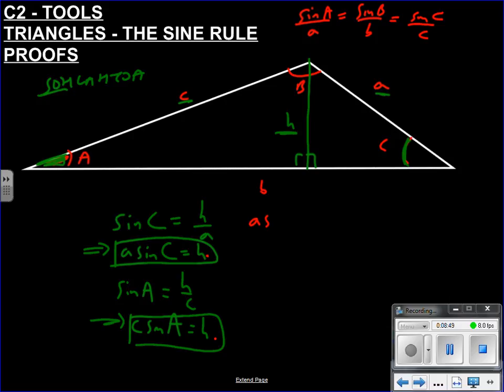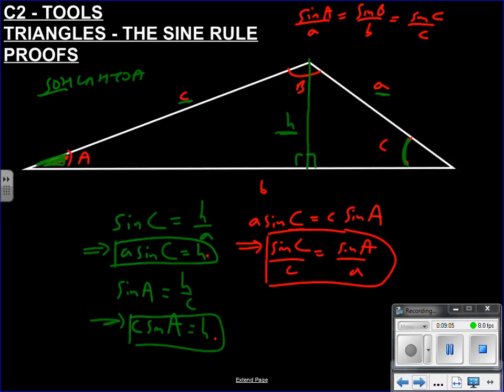So therefore, a sine C must be the same as c sine A. And now you can divide through, and there's your first section of the proof. And you can do exactly the same method with your b here. Okay? Exactly the same. That's where the sine rule comes from. Pretty cool, eh?